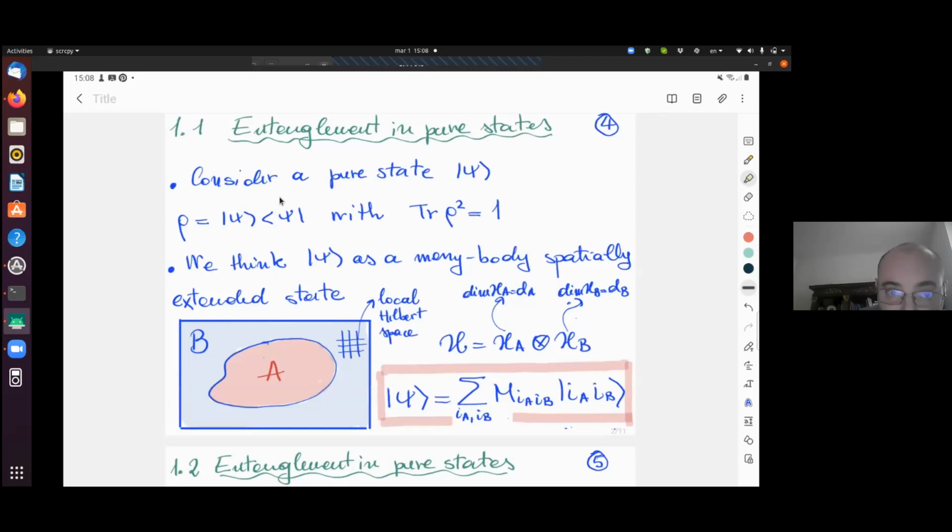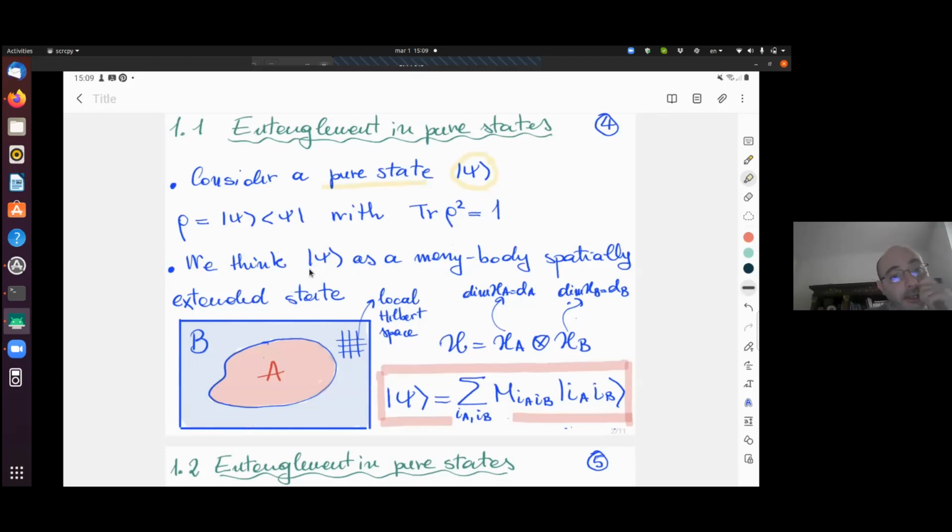I will consider pure states. Here I just want to focus on some pure state psi, which, as you know, is a state such that its density matrix is a projector, namely the trace of rho squared is 1.